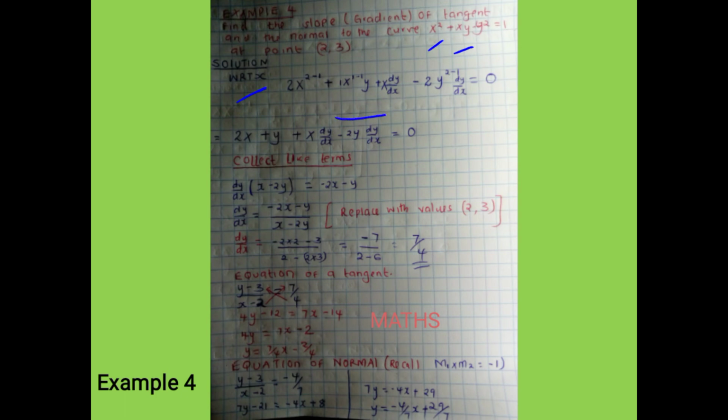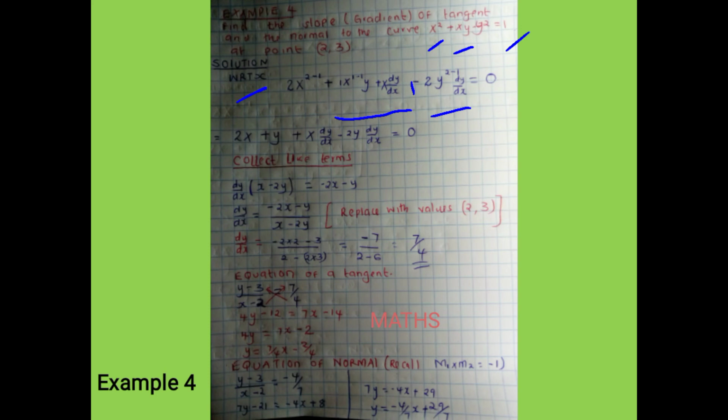It's from here to here, so you get 1 x raised to 1 minus 1 times y plus x dy/dx, because when you differentiate y you get 1, and minus the next figure is y squared, you differentiate it because it is alone, so 2y raised to 2 minus 1 dy/dx. So don't forget to write dy/dx is equal to 0 because you are differentiating a constant which is 1.